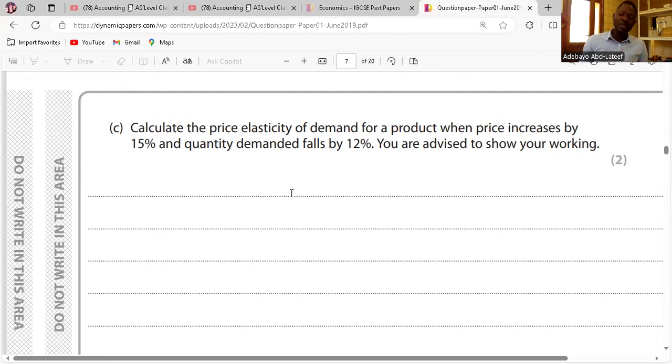So we have 88 minus 100 over 100, divided by 115 minus 100 over 100. That gives us negative 12 over 100 divided by 15 over 100. We reciprocate, so minus 12 over 100 multiplied by 100 over 15 gives us minus 1200 over 1500, which gives us minus 0.8. So the answer is negative 0.8, which makes it price inelastic.